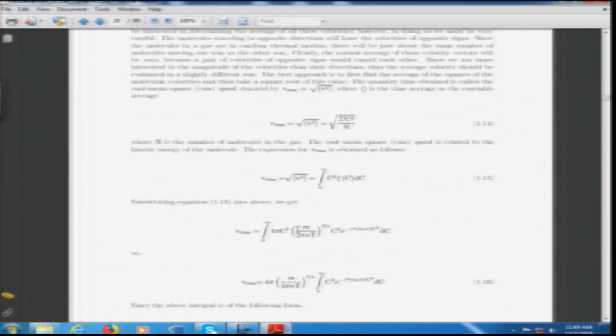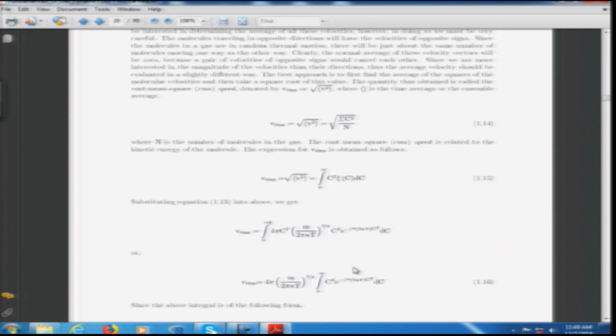Then we again multiply with c square, this exponential expression and dc. Since 4 pi and this bracketed term, m by 2 pi kappa t to the power 3 by 2, is essentially a constant.